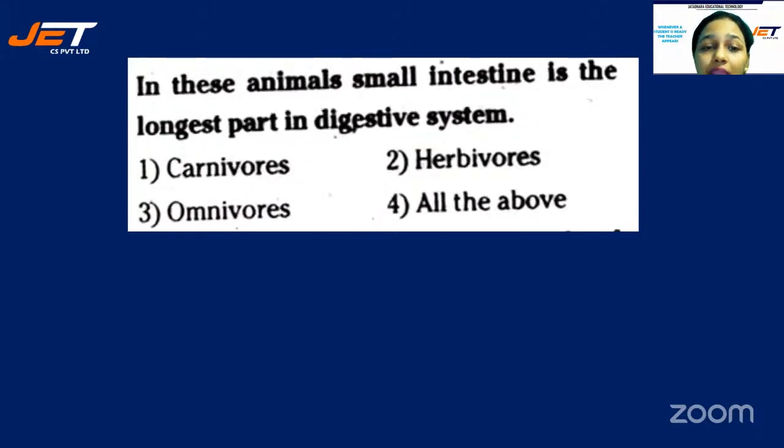Next question. In these animals, small intestine is the longest part in the digestive system. And your options are number 1, carnivores, number 2, herbivores, number 3, omnivores, or number 4, all the above. Carnivores, herbivores, omnivores, or all the above.